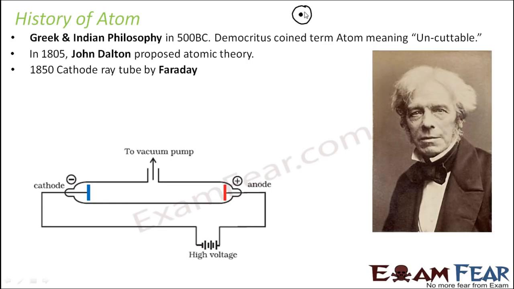The atom can actually be broken, because, as we have told you, conductivity increases with temperature, and rubbing two objects induces charge. So let me write here. Number one, conductivity increases with temperature. Number two, when you rub two objects, this gives charge.